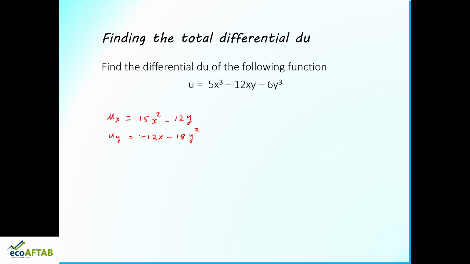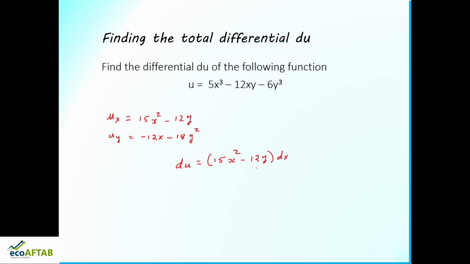Having understood these two things, now when you differentiate u, I would like to write it as 15x square minus 12y, this is into dx.